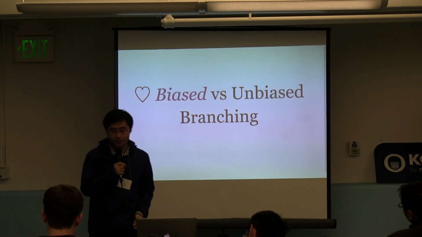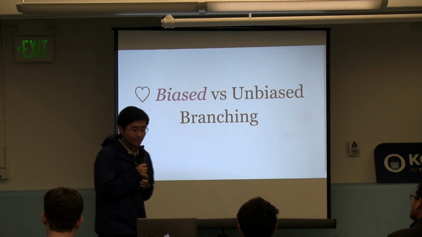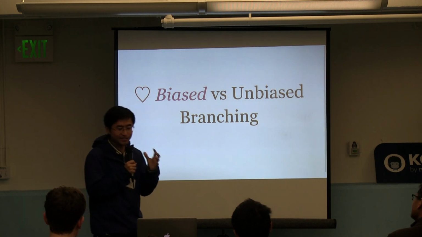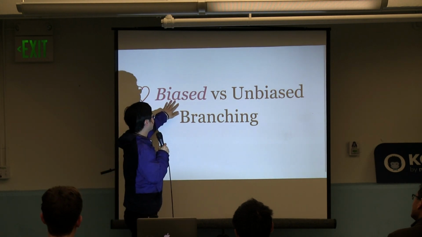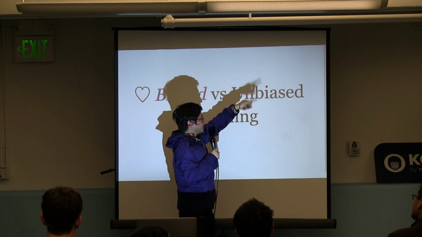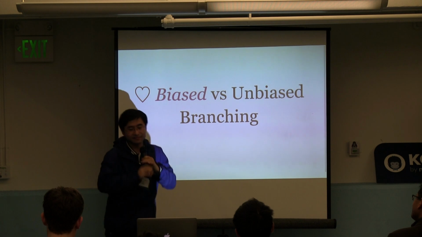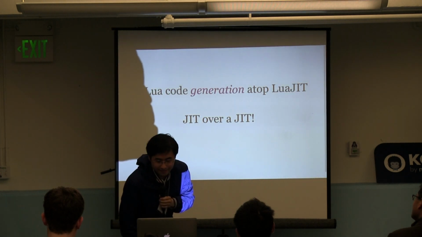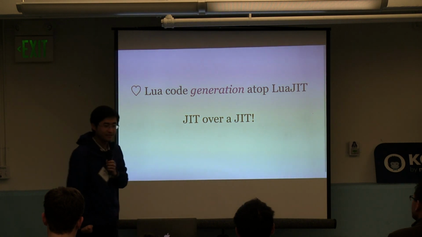Also, this is about tracing compilation. For code branches, biased and unbiased, LuaJIT is particularly good at biased branching. For unbiased, like two branches each taking 50% of the time, that is bad. That's very bad. So we propose Lua code generation on top of LuaJIT to fix this problem.